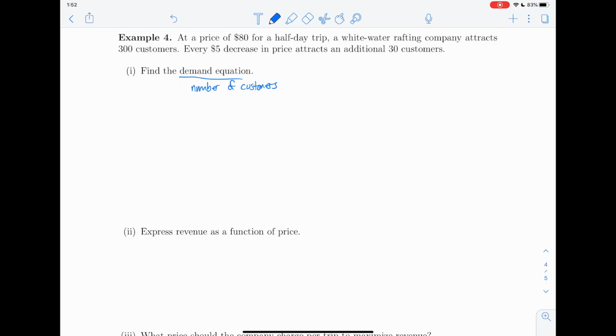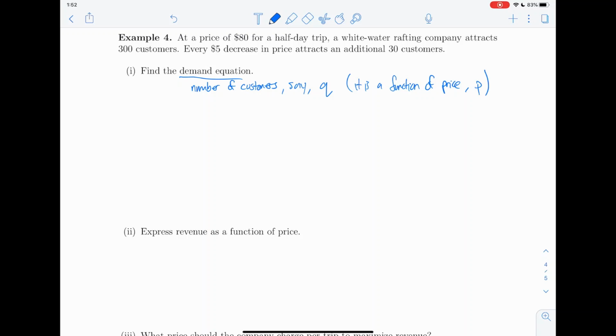So for here, we're going to let the demand equation represent the number of customers, say Q. And just to be clear, this demand function is a function of price that we're going to call P. So it's going to be Q, and if P changes, then Q will change.